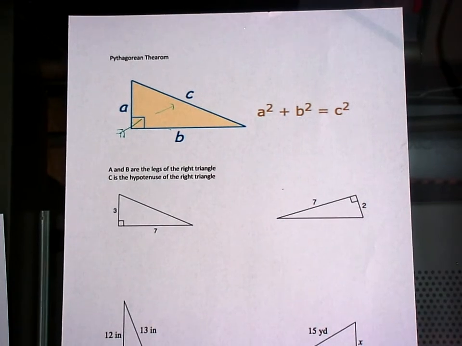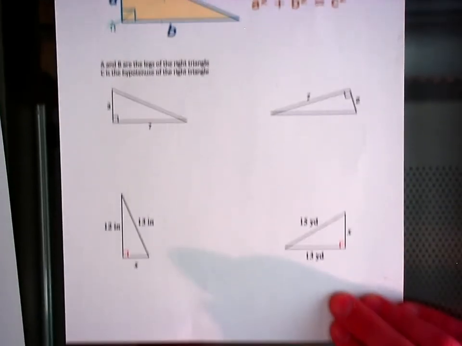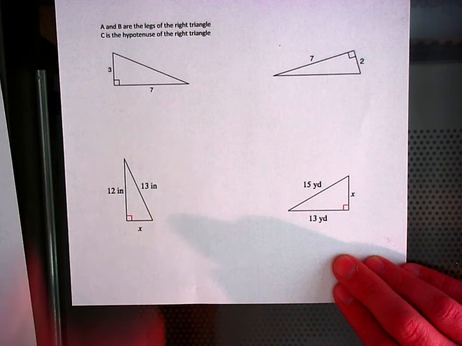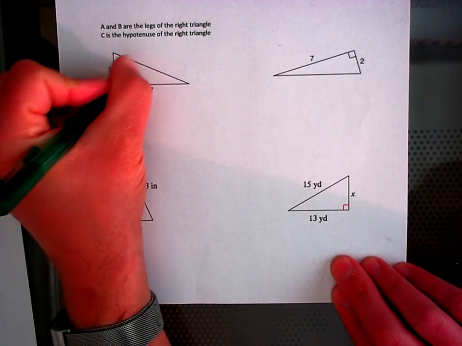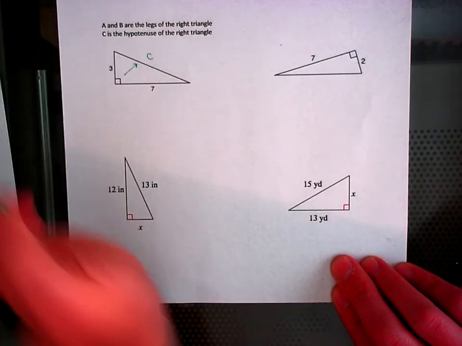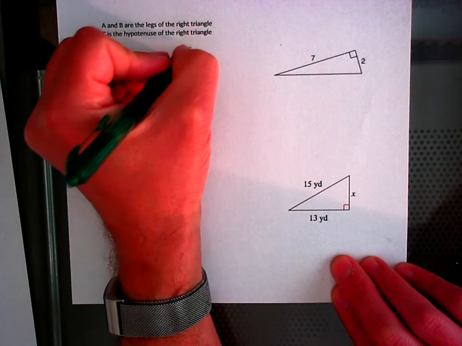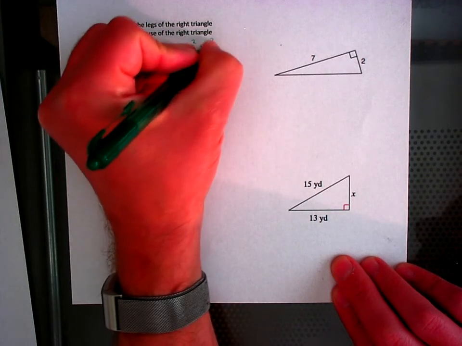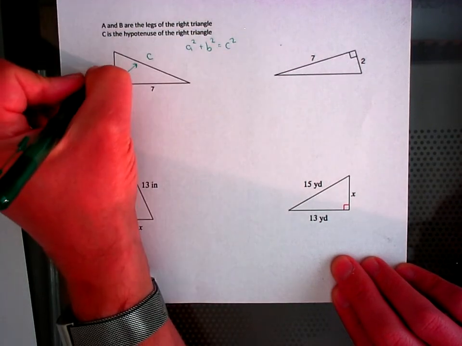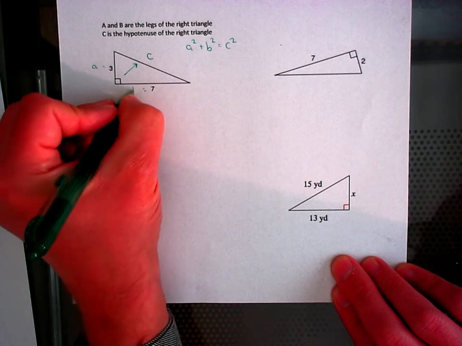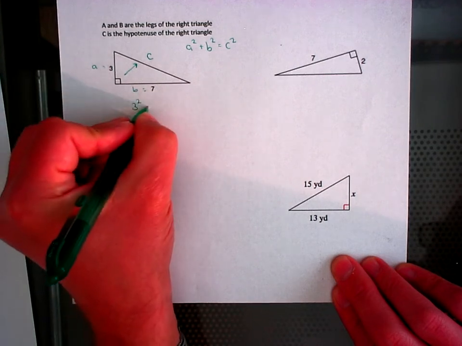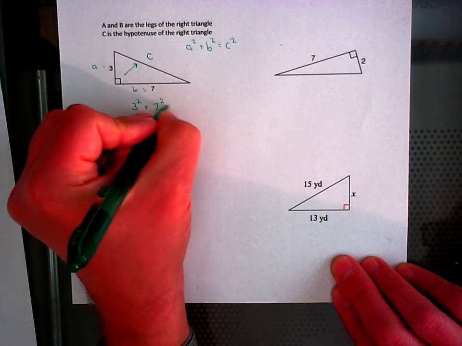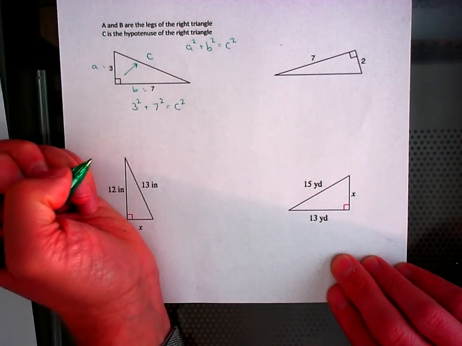So if I take a look at my first couple problems here. If I look, there's my right angle. So it's pointing here, so it's telling me C is missing. So again, the formula is a squared plus b squared equals c squared. So I can say that's a, that's b. So that becomes 3 squared plus 7 squared equals c squared.